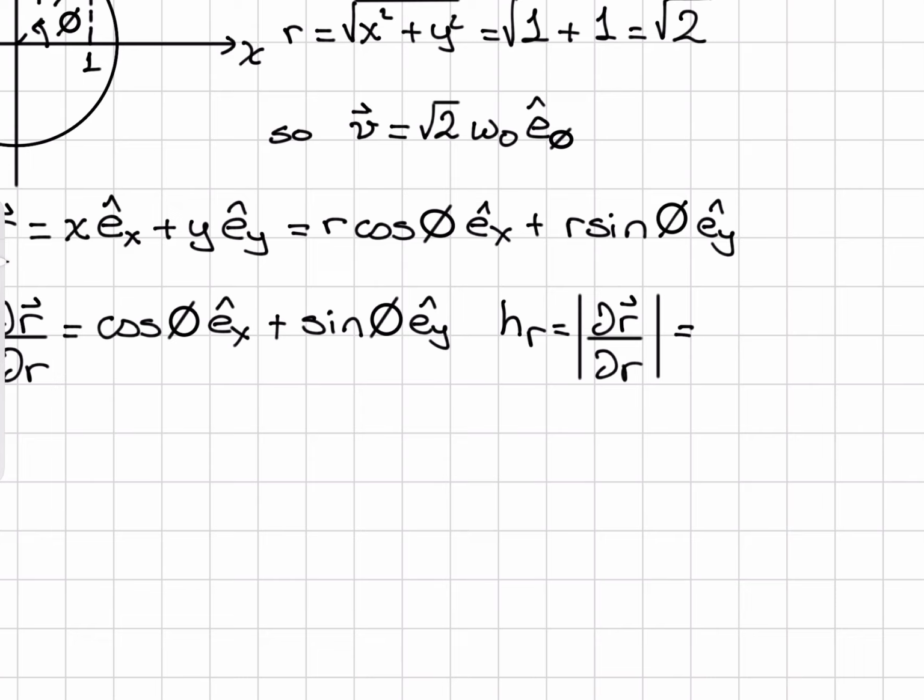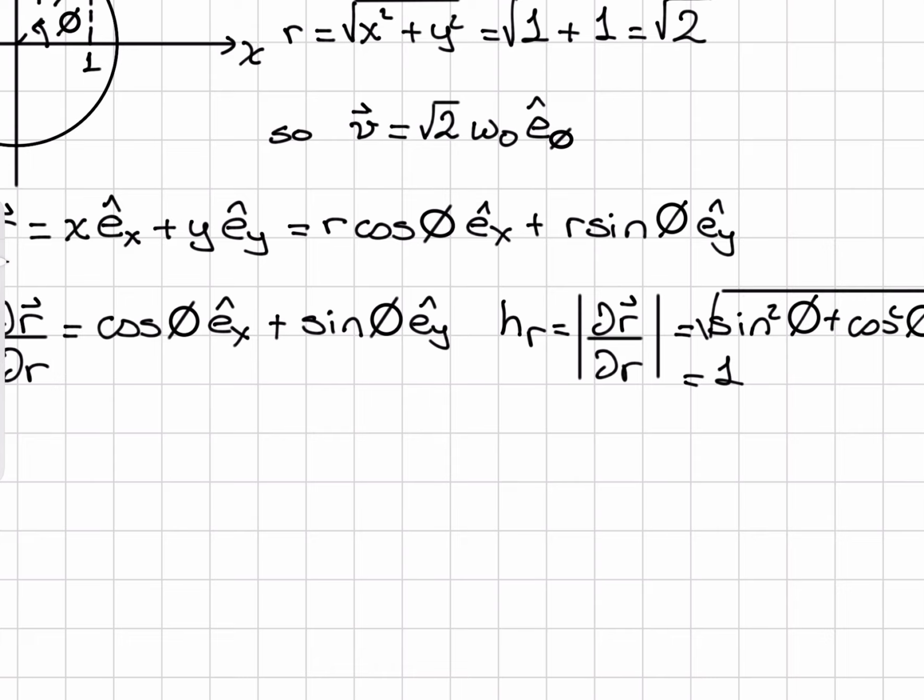This is the square root of sine squared phi plus cosine squared phi, which is equal to 1.